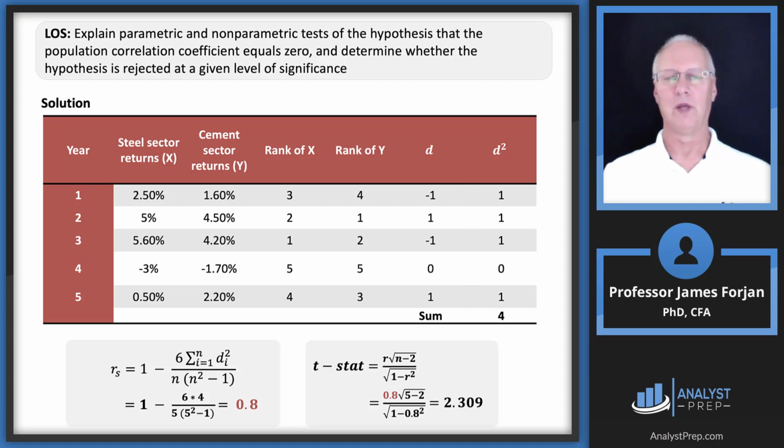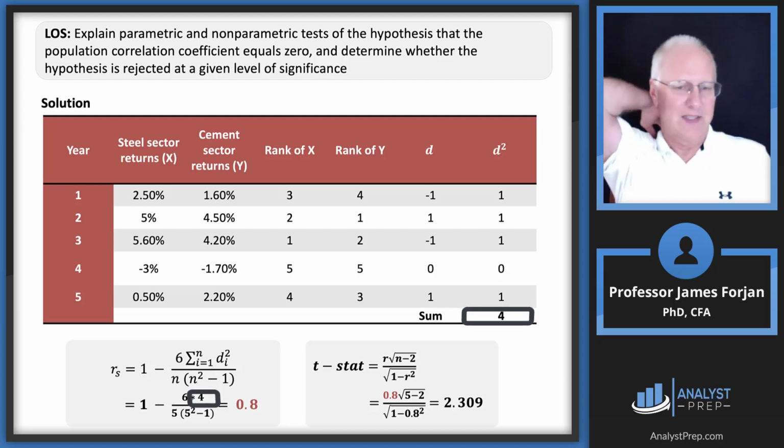So now we are ready to throw that back into the equation. Notice down in the left-hand box, we have the Spearman's correlation. It's 1 minus, and there's the number 6 times the summation. So that's the 4.